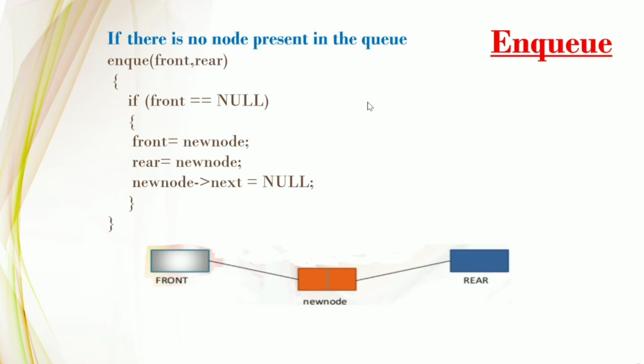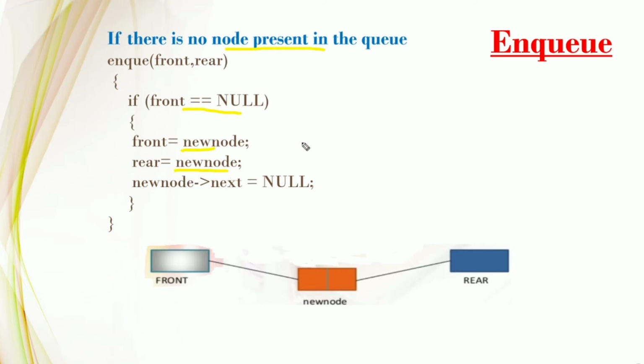Enqueue means inserting the elements into the queue. Here we have the possibilities. If there is no node present in the queue, if the queue is empty, then we can enqueue. If front points to null, meaning the queue is empty, then front points to the new node and rear points to the node.